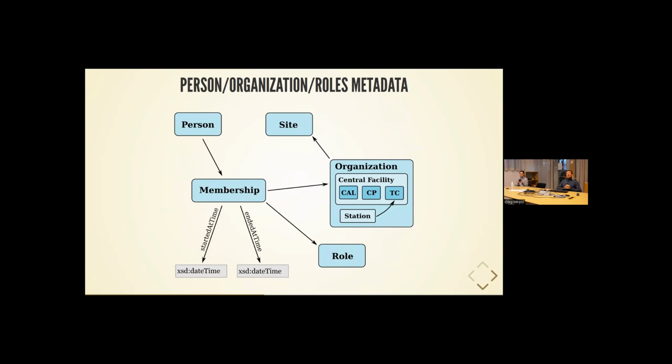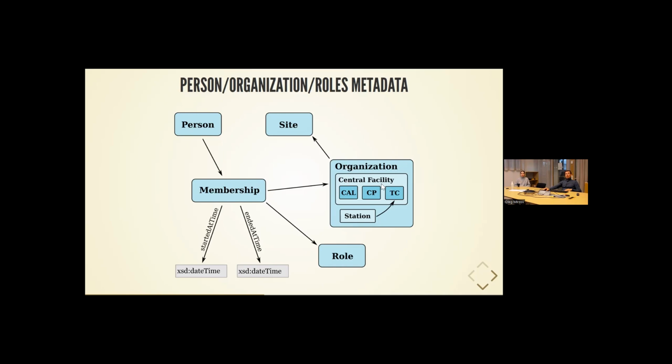So then the other aspect of metadata is metadata about people, organizations, and the roles that people hold. And here we have a design pattern that looks like this. There are different types of organizations.